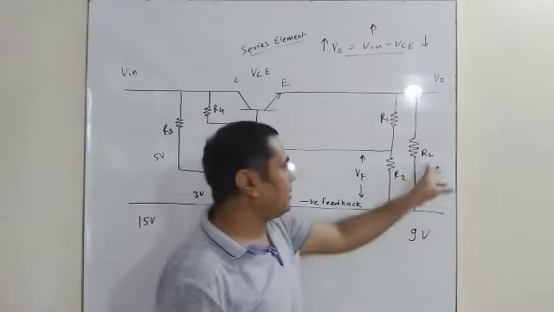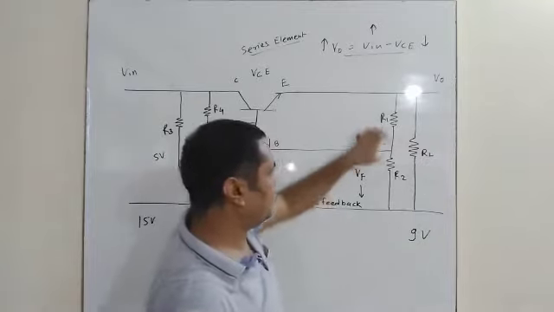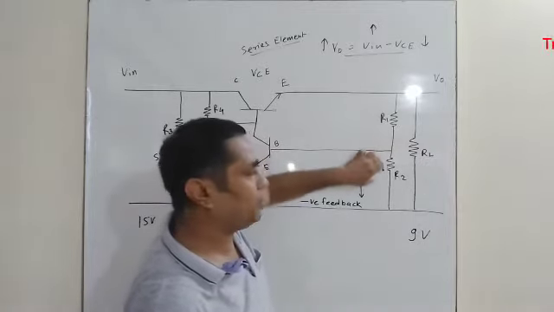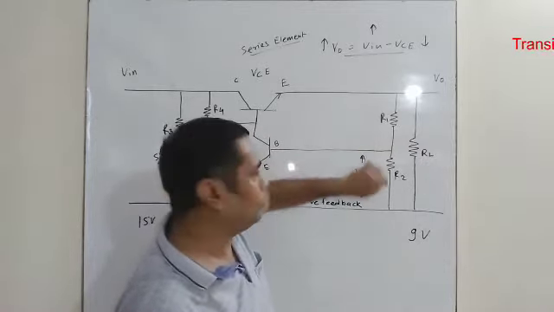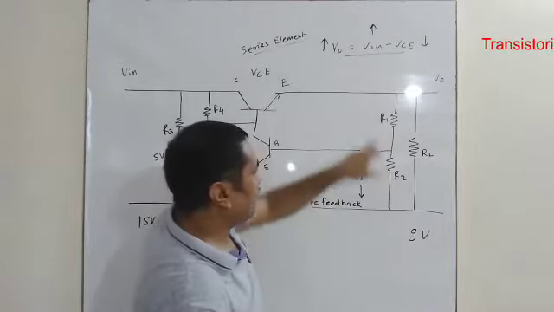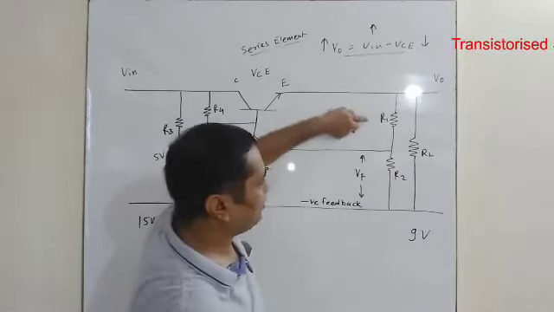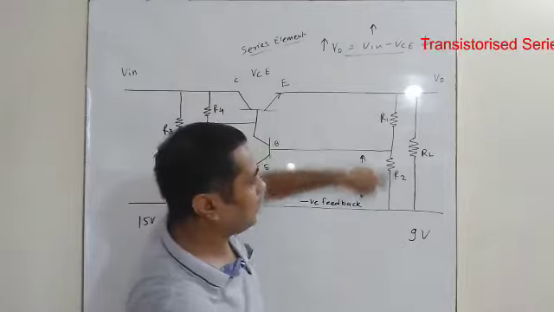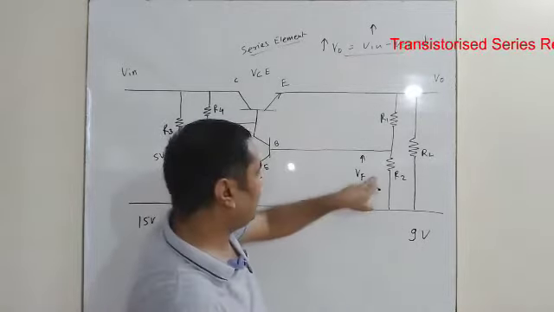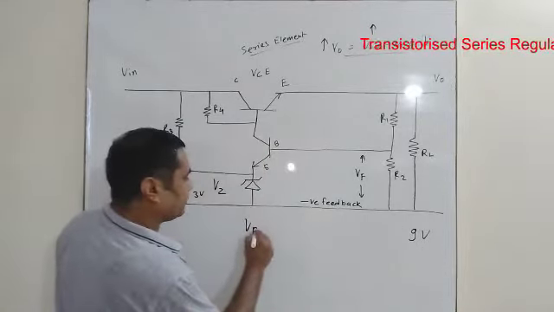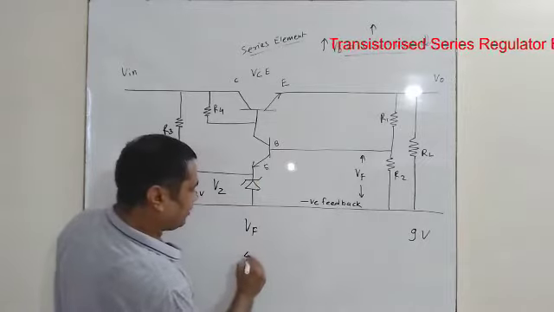If 9 volt is generated at the output, then this voltage will be equally distributed over R1 and R2. That means in this case, R1 and R2 will each have half of the output voltage of 9 volt. So here Vf will be 4.5 volt.